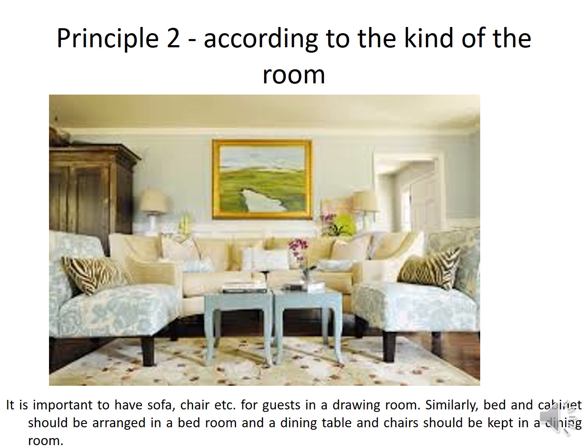So we should make sure that we do not put too much furniture in a room. Another thing is we should put furniture according to the function and requirement of the room. Like we can put a sofa and chairs for guests in a drawing room, but we put a bed and cabinet to arrange a bedroom. Or in a dining room we keep a table and chairs, which are functionally important for serving our purpose.